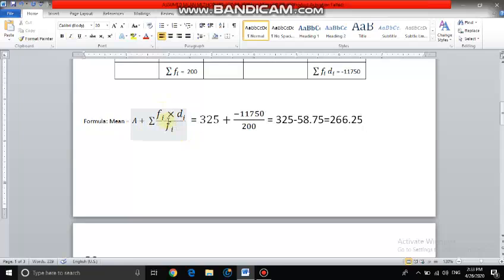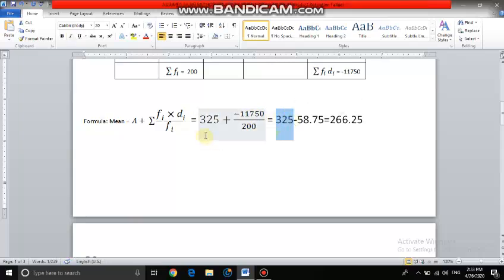So I know the A value is 325, and this plus sign I kept here. Then the summation of Fi Di, the numerator, I got as minus 11,750, so I kept minus 11,750 here, and the sum of Fi's you got as 200. So I kept this 325 value as it is here.